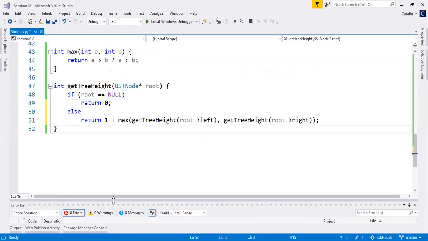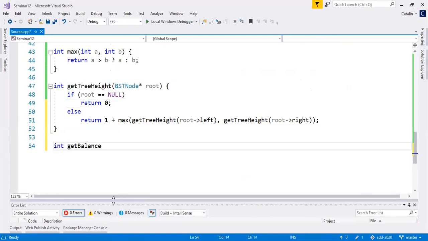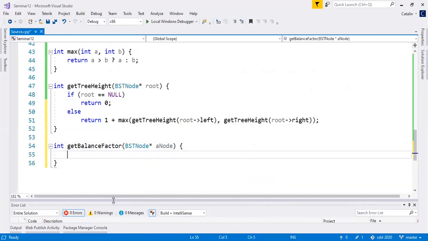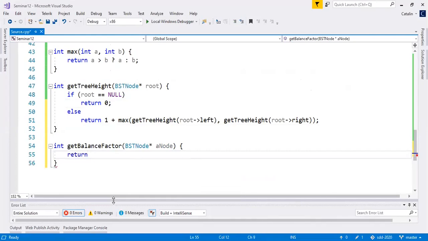Now, let's do the balance factor. So int get balance factor of a node. Whatever, a node. Okay, it could be the root, but it's just a node. So what do we do here is return, let's do right minus left or whatever, it doesn't matter.